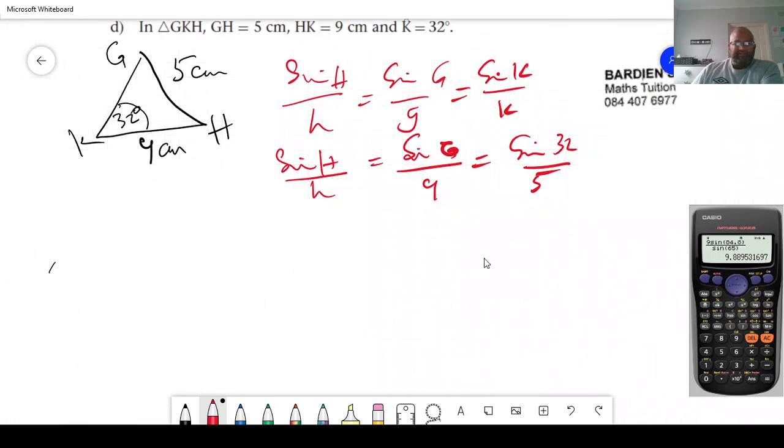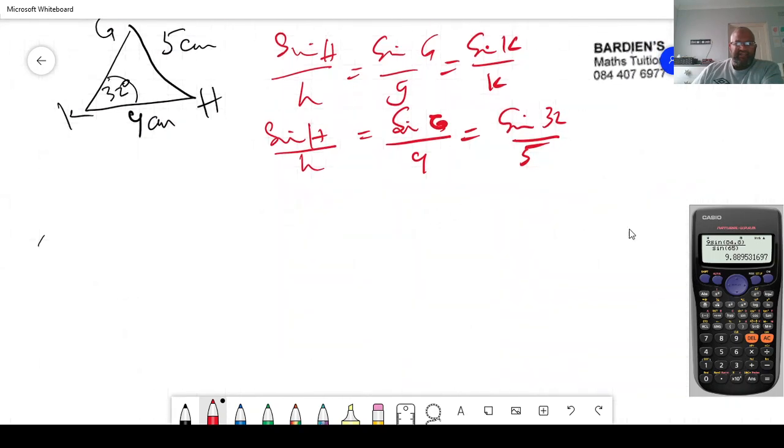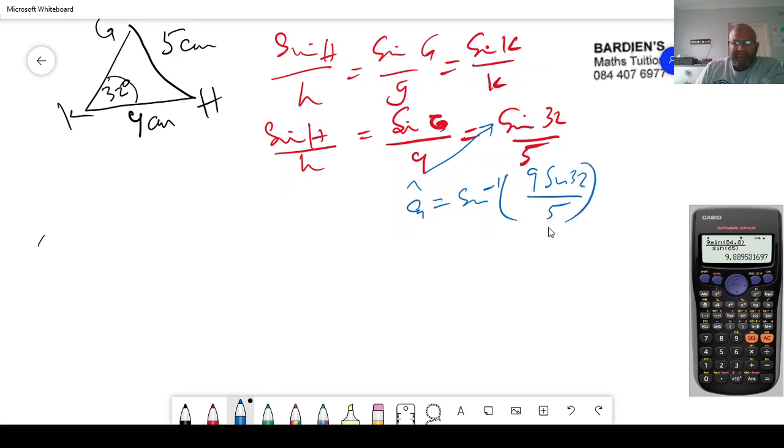Okay, so in this case here I can then calculate g. So what I do is I cross multiply, or I just take the 9 up in this case. Only the 9 goes up. So angle G is equal to arc sine of 9 sine 32 over 5.